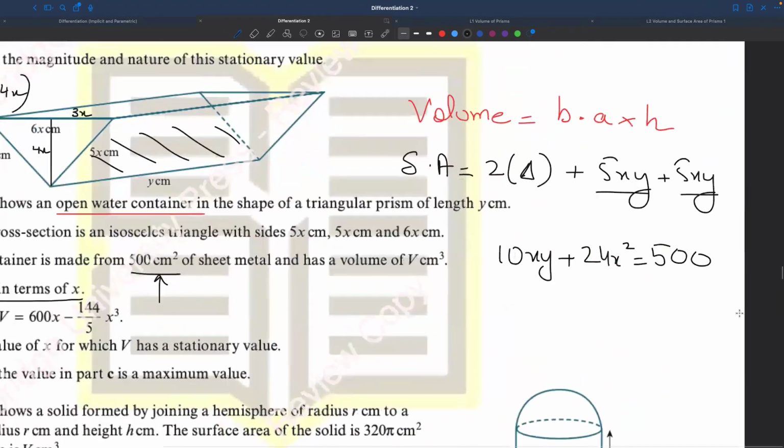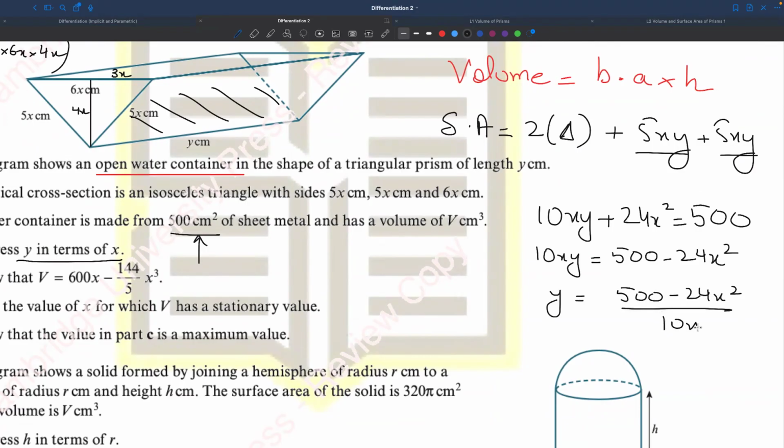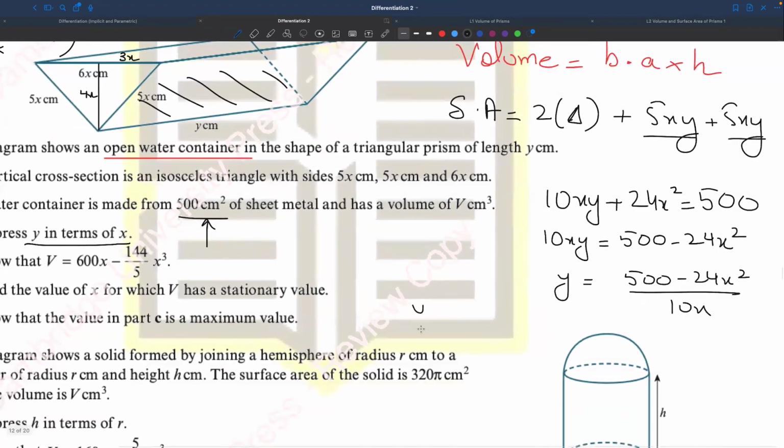Can I take y common? Okay, so 10xy will be equal to 500 minus 24x square, and then y will be that upon 10x. I can simplify, but I will do that later on. But let's do it right now. So can I say y will be equal to 50 upon x minus 2.4x? Yes.